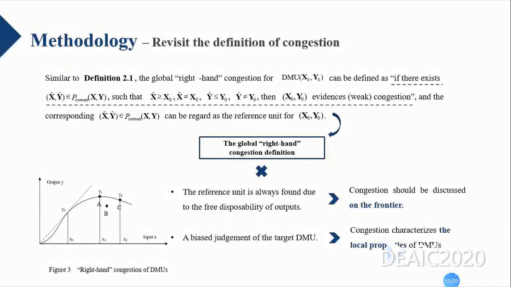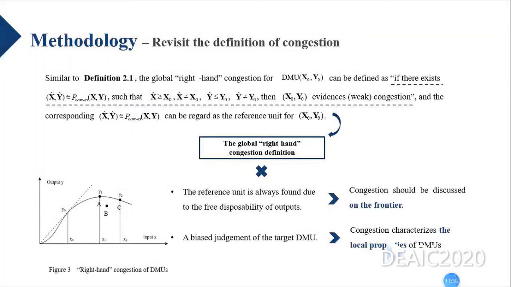It is possible for us to handle this problem if the region of finding the reference unit is limited to the frontier of the p-convex. But another problem will arise. That is a bias judgment of the target DMU. Also using DMU-A for explanation, DMU-C is located on the frontier of p-convex.